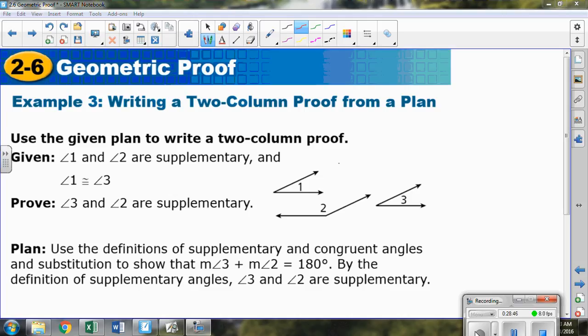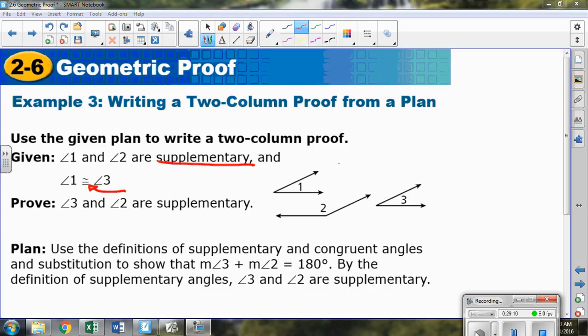Our plan: if we're consistently using the word supplementary and we've got congruent, it makes sense that we should know what the definitions of those things are. We can use the definition of supplementary. We can use the definition of congruent. Our plan is to use those definitions and start making a substitution.